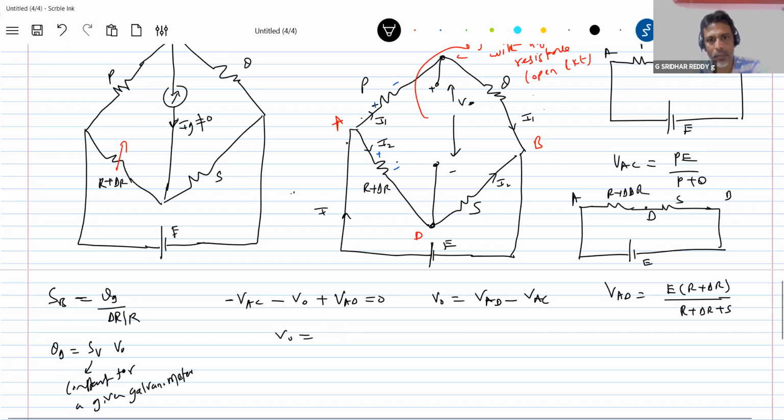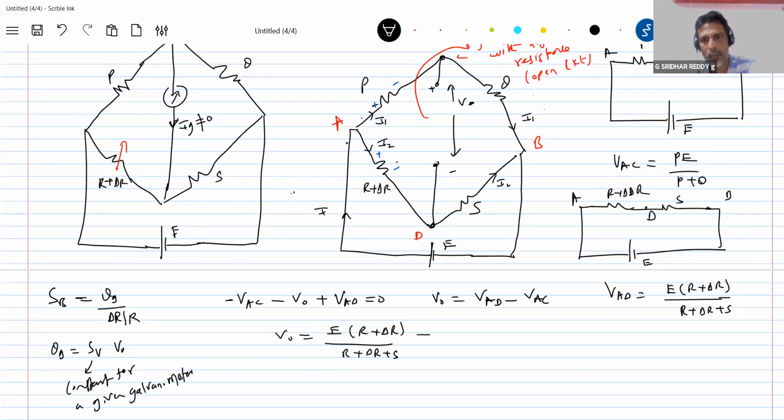This should be equal to E into R plus delta R by R plus delta R plus S, minus E into P by P plus Q. Let me take E common.